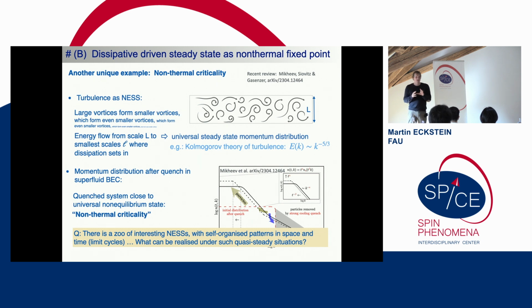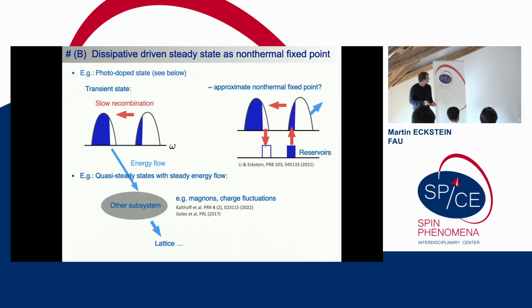I'm not aware of a good situation in a pump-probe or ultrafast experiment where I observe such a phenomenon, but maybe it's worthwhile thinking about whether there is such a situation, where the steady state drive which emerges can actually lead to some self-organization in a subsystem on a certain time scale. But I'm not aware of a situation that does this at the moment.